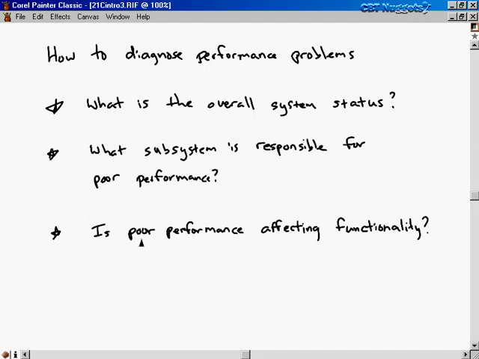So you have to put all this in context. If the poor performance is not affecting the functionality, then you're not really under the gun, in some sense. But if the poor performance is affecting functionality, then you are under the gun to remedy the problem in such a way that everyone else can have functionality of the system.